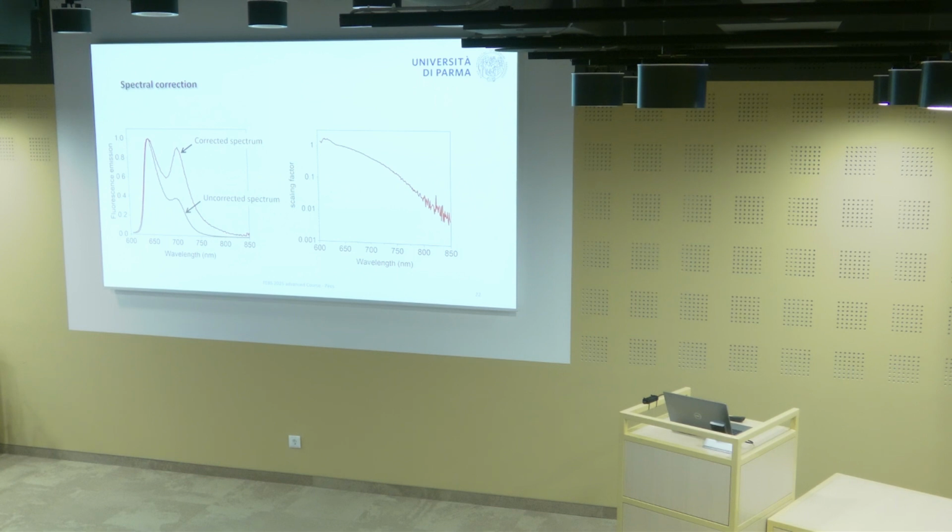It's a clear indication that here your PMT is not sensitive, so you have to correct for that. And it's very easy to calibrate your system if the producer did not provide you a calibration curve. Just go for a calibrated instrument, measure a spectrum, go to your instrument, measure a spectrum, take the ratio, and that's the correction, like done here.